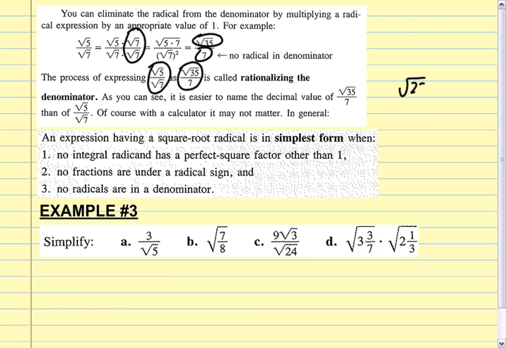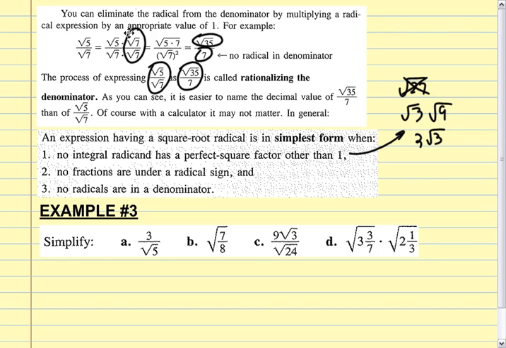Like the square root of 27, this has a perfect square factor in it. It's root 3 times root 9. Do you see root 9 is a perfect square? So this is not simplified. 3 root 3 is its simplified form. That's what number 1 is talking about. No number under the radical has a perfect square factor. We've been doing that all along.